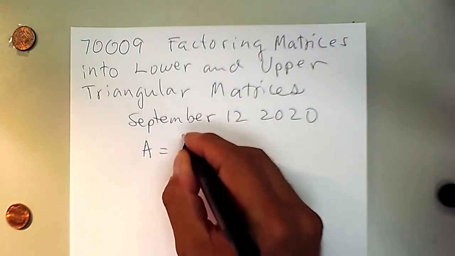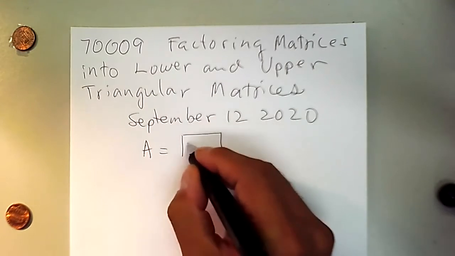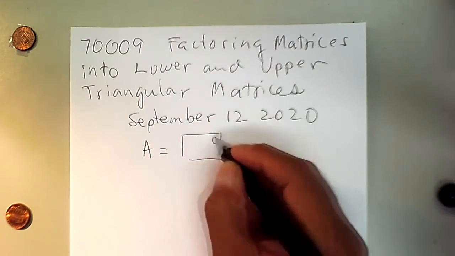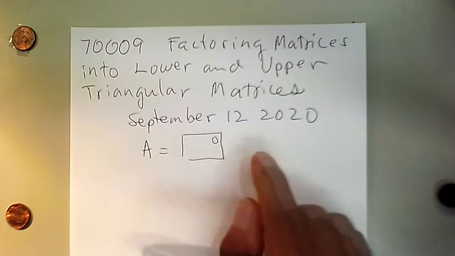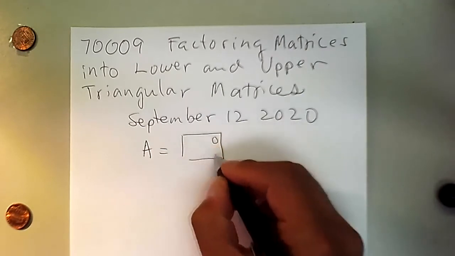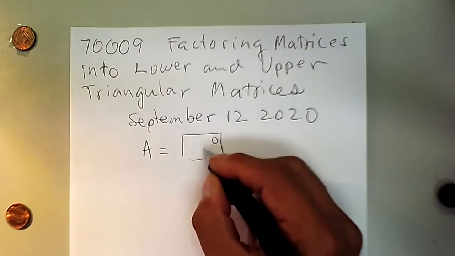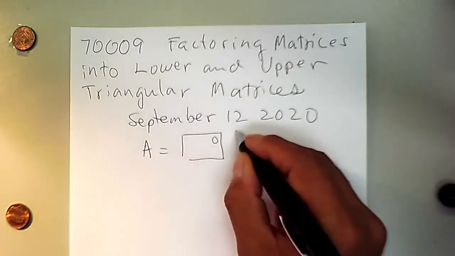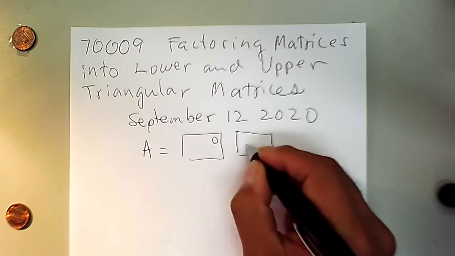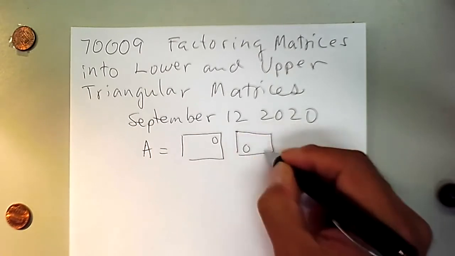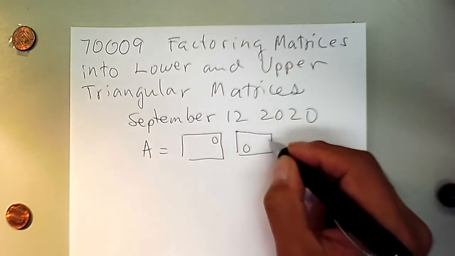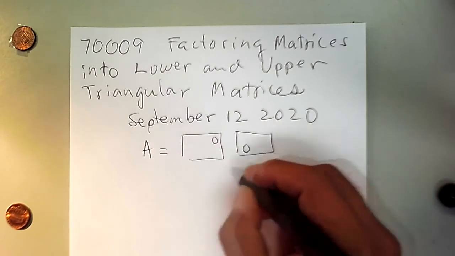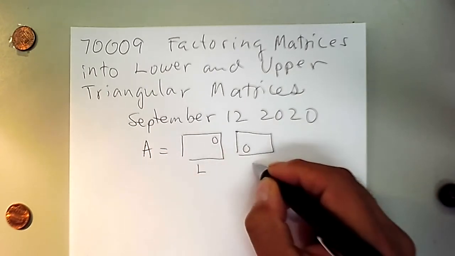One matrix has zeros above the main diagonal, so that would be a lower triangular matrix, and one with zeros under the main diagonal, so that would be an upper triangular matrix. So that would be lower and upper.